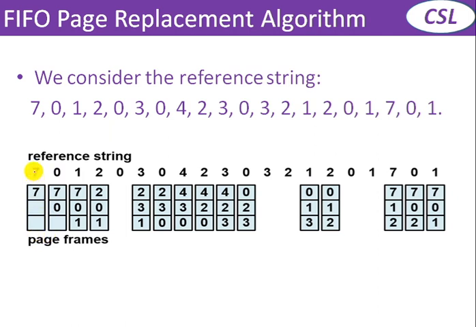When the request for 7 comes, the CPU first checks whether 7 is available in the memory or not. If 7 is not available, that is called a page fault. And 7 has to be placed. So this is called a page fault, or we can call it a miss.